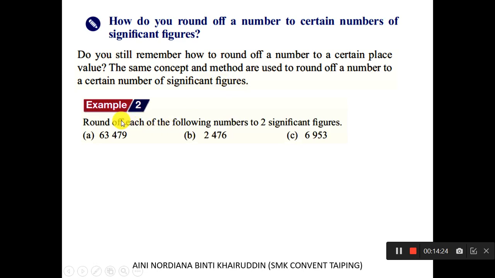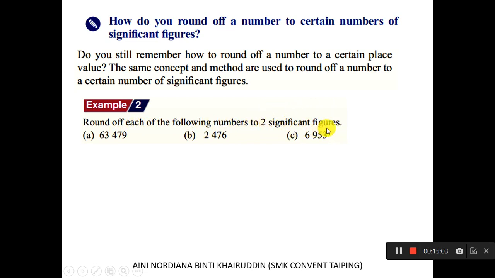Okay, have a look at this example. Round off each of the following numbers to 2 significant figures. This is the difference from rounding off to a certain place value. Before this, you were asked to round off a number to the nearest place value, for example 10,000 or 100,000. For this video, you will be asked to round off the number to 2 significant figures.